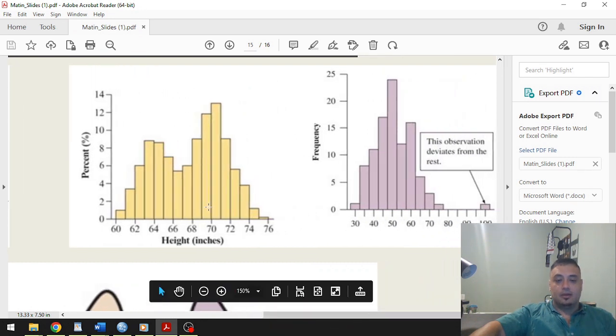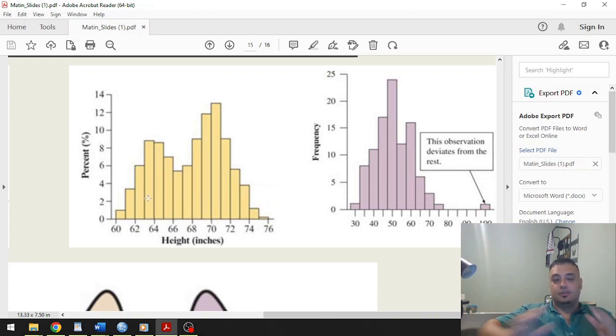Also, this is clustered, and this is with the gaps. So again, any distribution where the information is clustered within one group, and then sometimes you have a distribution where you have a gap. In this case, there are no records, no scores, going from 77 to 97.